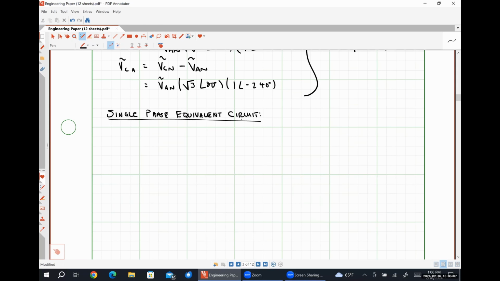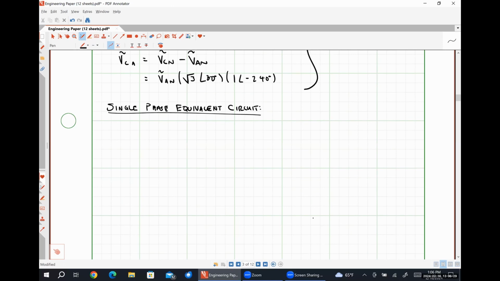Since there is no voltage drop across our neutral conductor, we can treat the neutral conductor as if it were a short circuit, regardless of what its impedance is, even if it's an open circuit, meaning the conductor does not exist, we can still treat it like a short, okay? So that allows us to subdivide a balanced YY network into 3 independent single-phase circuits.